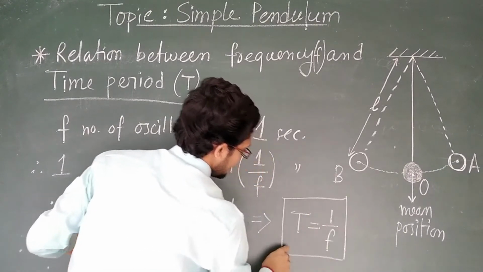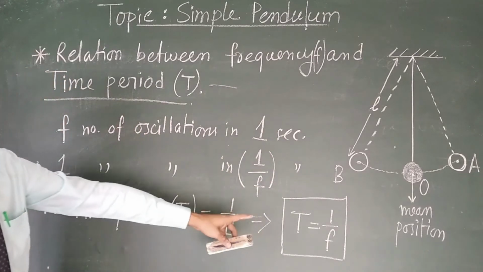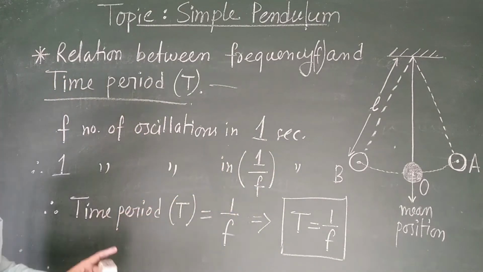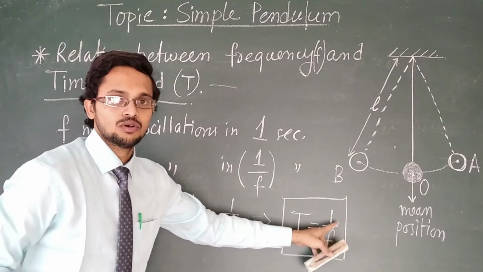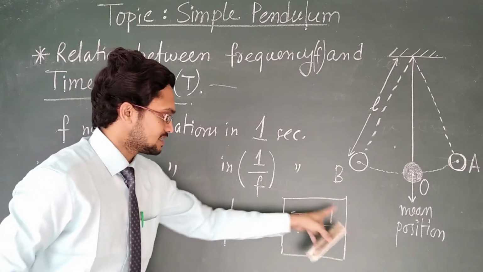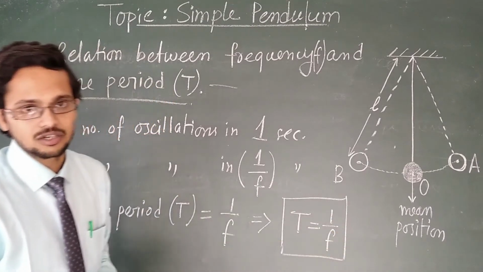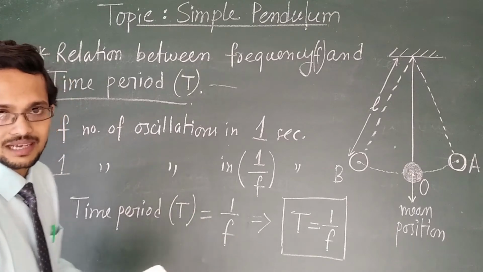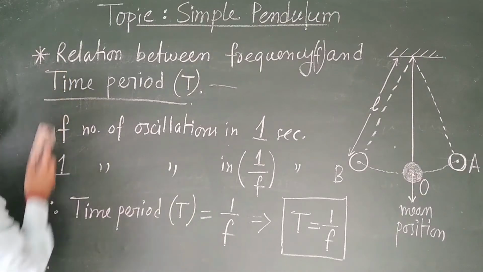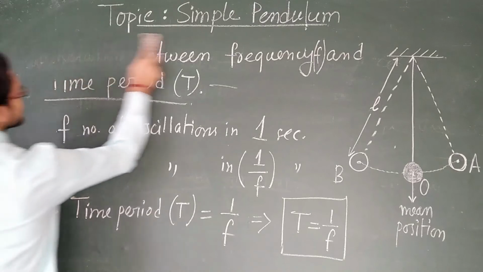This is the relation between time period and frequency of a simple pendulum. T equal to 1 by f. Using this relation, you may get numericals also, so let us solve a numerical.